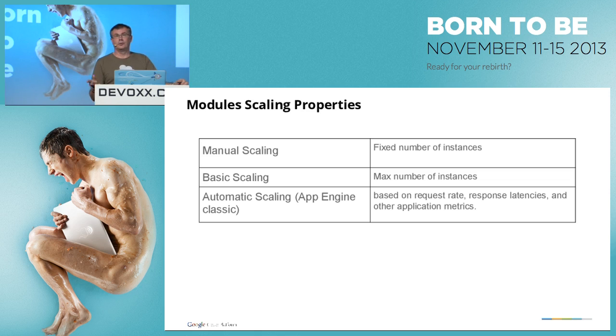No big deal, as long as you have a credit card associated with the project, we'll charge by the hour, whether or not you have traffic. And then basic scaling, scaling from 0 to 10 because you don't want to be more than 10. You just define the maximum number of instances you want. Very easy to set up, and all those settings are done in the application-web.xml file. So nothing new to do there.